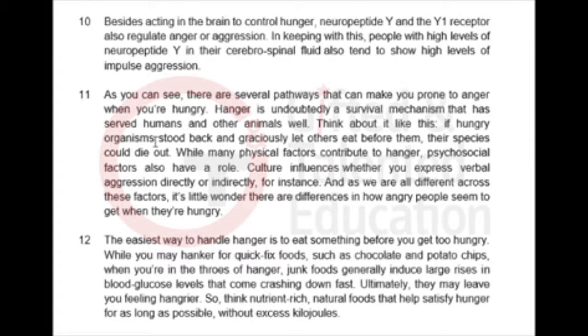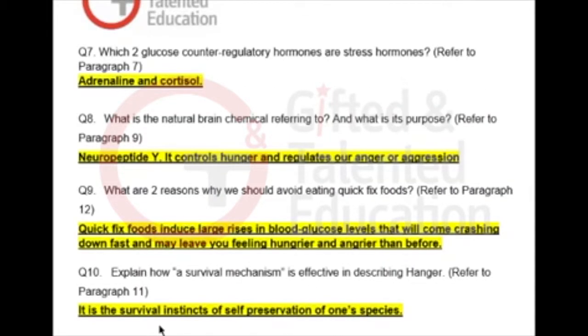If hungry organisms stood back and graciously let others eat before them, their species could die out. We don't want that to happen. So, in order to preserve our species, we should think about survival mechanism. So there you go. A survival mechanism helps with our survival instincts for self-preservation of our species or any species.